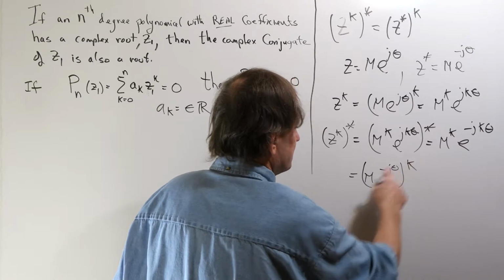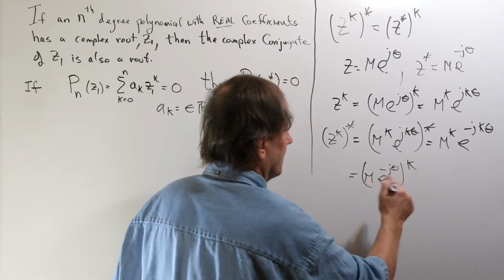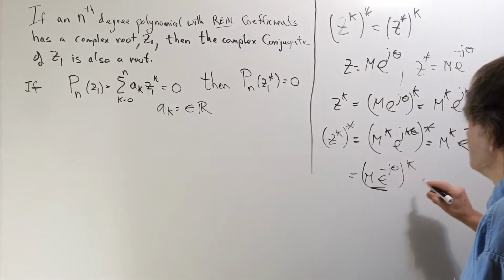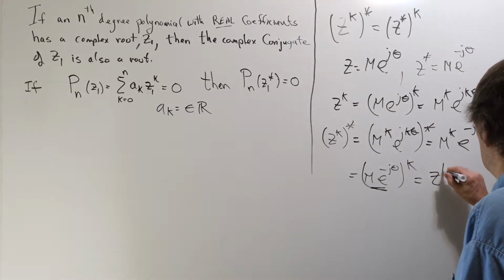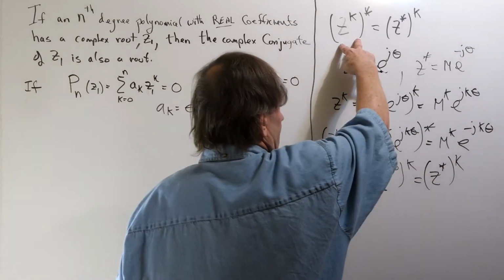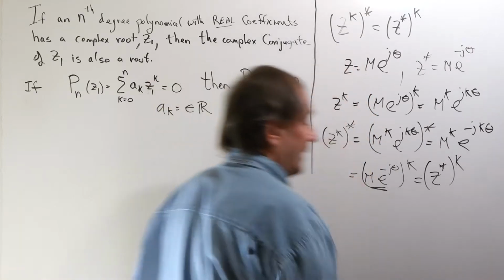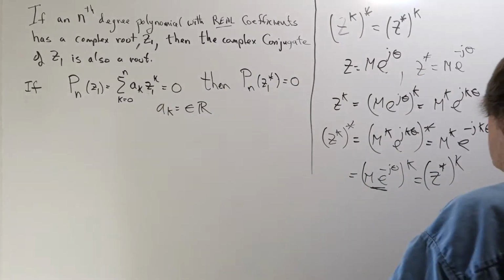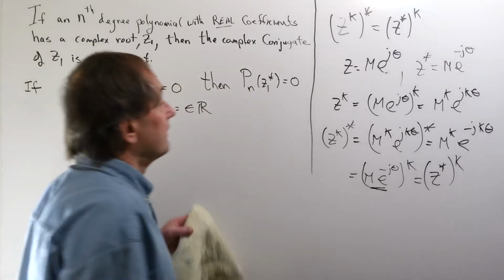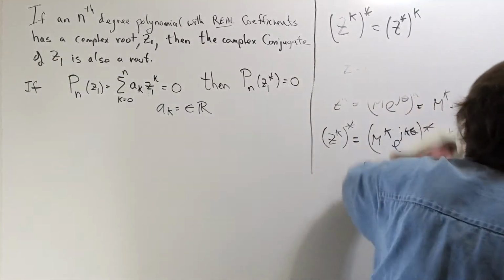The k gets distributed to the m and to the exponent. Now this is just z conjugate, so this is z conjugate raised to the k power. So this is the first property of the complex numbers. Okay, now we'll do the next one.